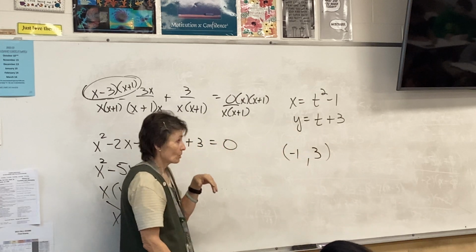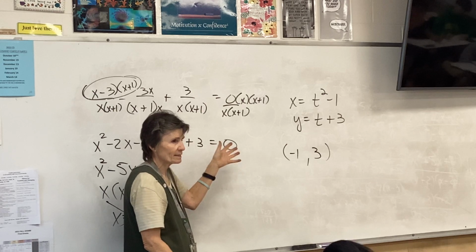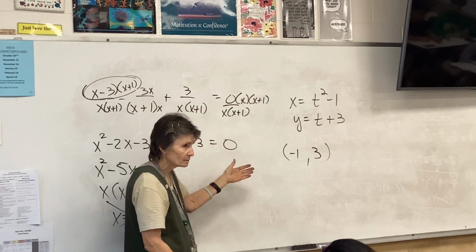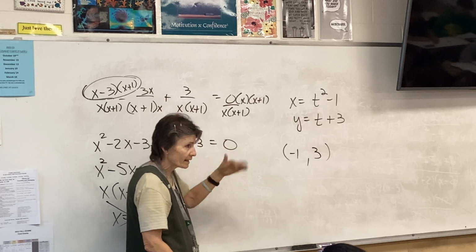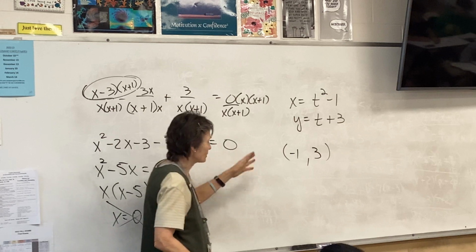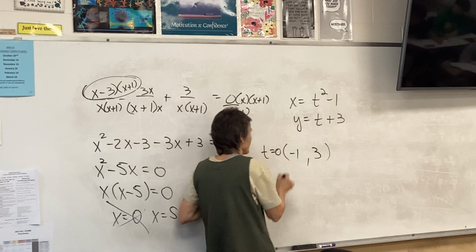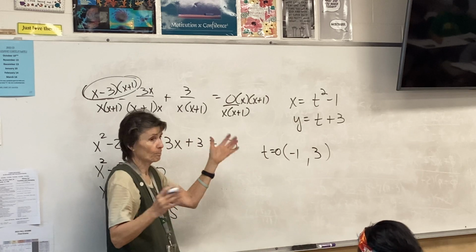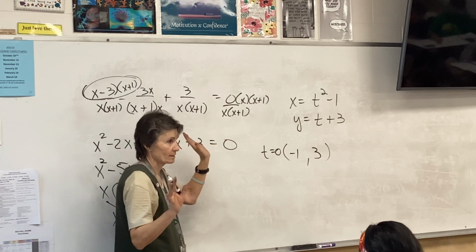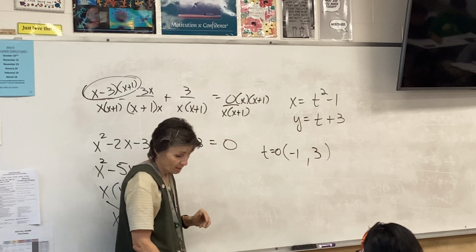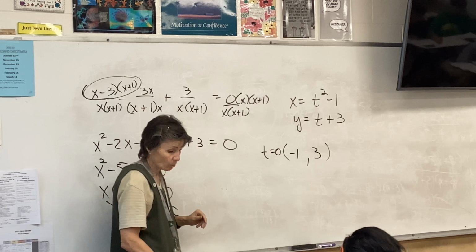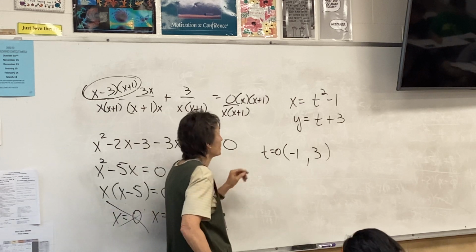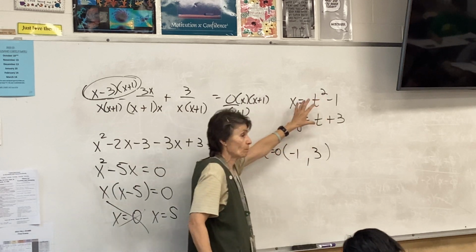Alright. Could we find other points if we needed to? Could we let t be 1 and 2 and -1? Yeah. So this is the point when t is 0. If you need other points, you just plug in other t's, and that would give you other points. Alright, write the Cartesian equation by eliminating the parameter. t is called the parameter.